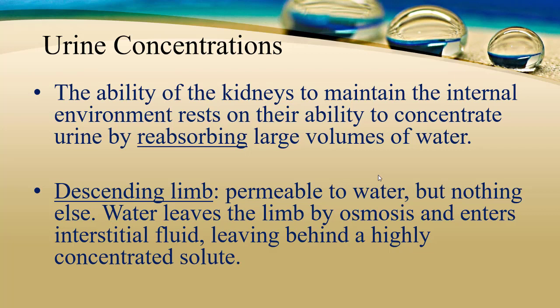The first part we'll talk about is the descending limb of the loop of Henle. This is permeable to water, but nothing else. So water will leave this portion by osmosis, and will enter the interstitial fluid. When you have a whole bunch of water leaving a solution like this, what you're leaving behind is a highly concentrated solute.